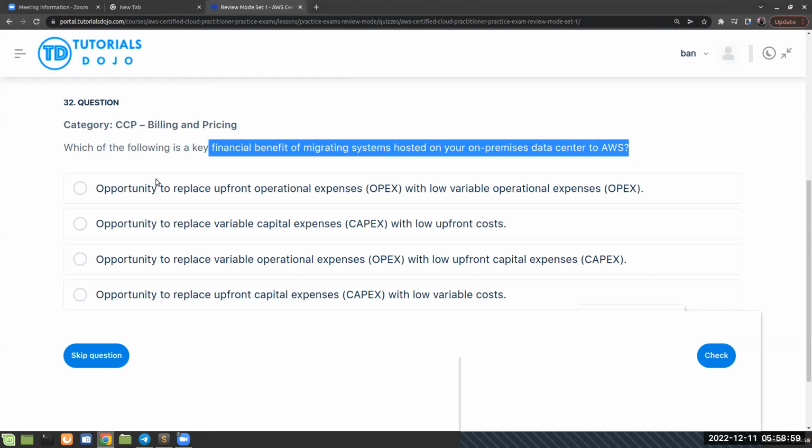The opportunity to replace upfront capital expense, CapEx, with low variable cost. Replace variable operational expenses with low upfront capital expense, and replace upfront capital expense with low variable cost. So the opportunity to replace upfront capital expenses with low variable cost.